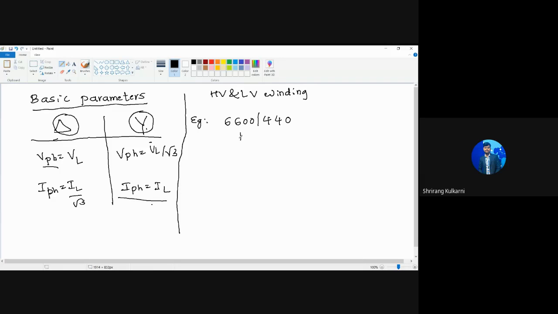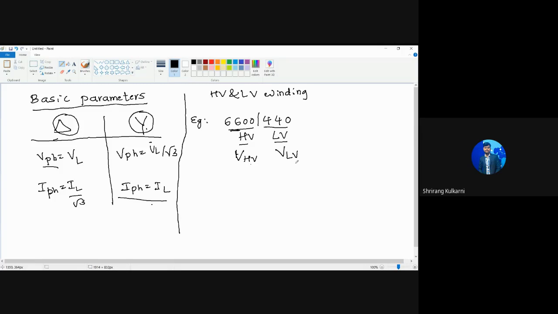High voltage means 6600 volts, so that is the HV side, and this is the LV side. We can write VHV, the voltage at the high voltage side, and VLV, the voltage at the low voltage side.